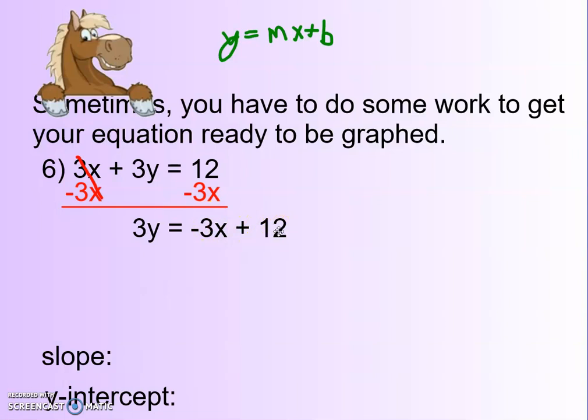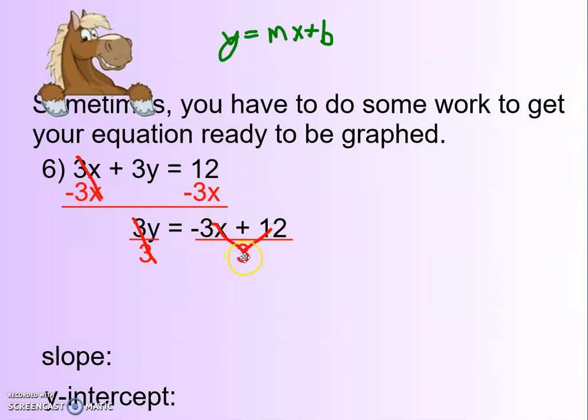Now, we're not quite in slope-intercept form. The y has to be alone, and we've got that 3 in front of it. So to get rid of that 3, I'm going to divide both sides by 3. And when I do that, that goes away, and we have just the y on this side. Now over here on the right side, thanks to the distributive property, we have to divide that 3 into both terms.